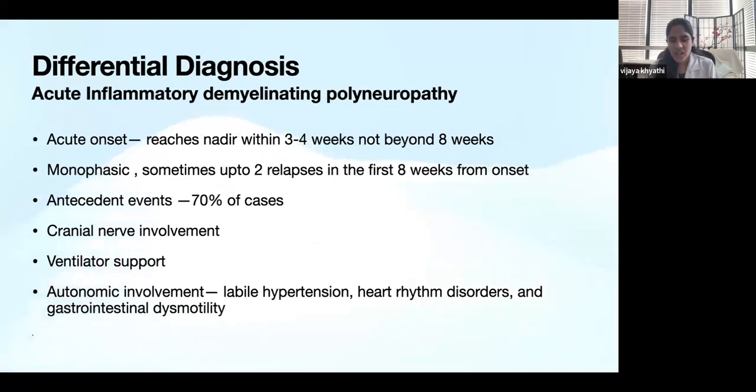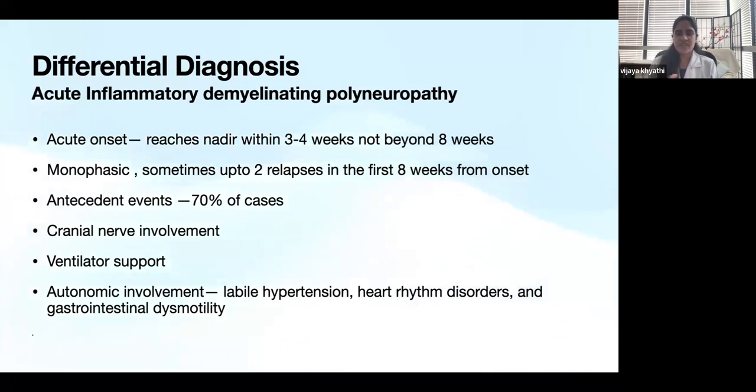Differential diagnosis. As CIDP is most commonly wrongly diagnosed, we should look into the differential diagnosis in order to rule out other associated diseases. One of them, most commonly, is acute inflammatory demyelinating polyneuropathy.